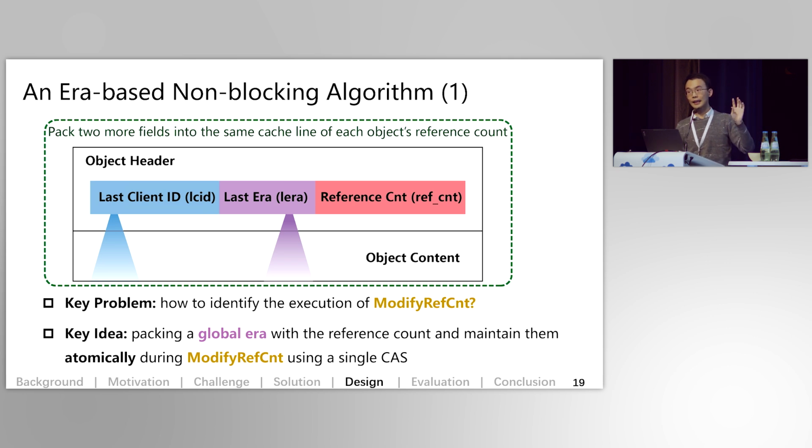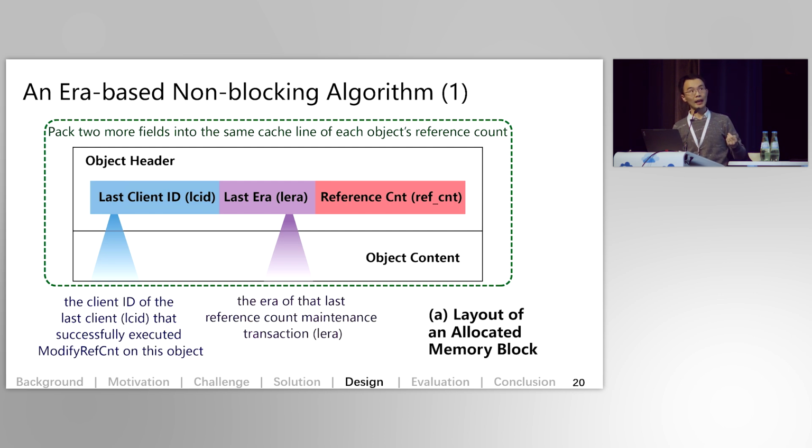And this task is solved by packing more error information with the reference count, and we manipulate all these fields atomically. Specifically, as we can see from this figure, we pack 2 more fields with the reference count in the same cache line, which include the client ID of the last client that has successfully executed the modify ref count step on this object, and also the error of that last successful transaction.